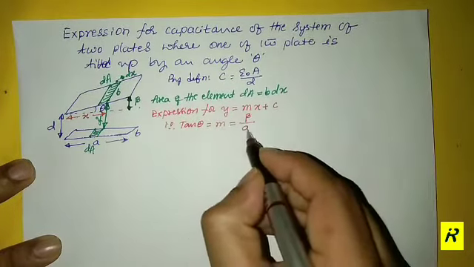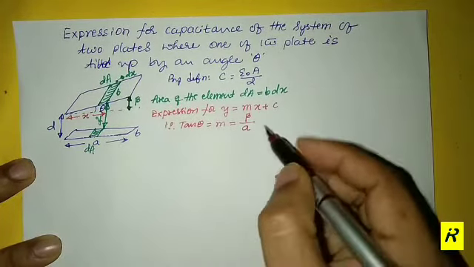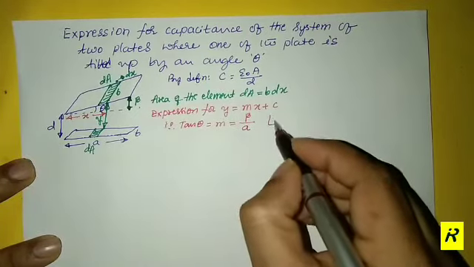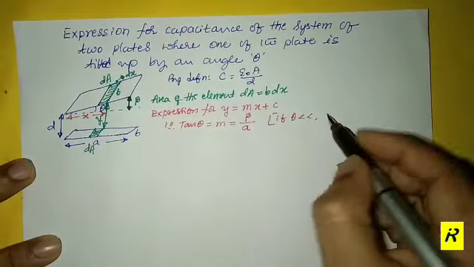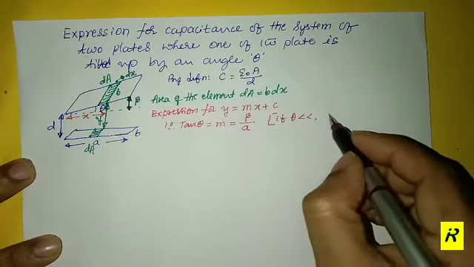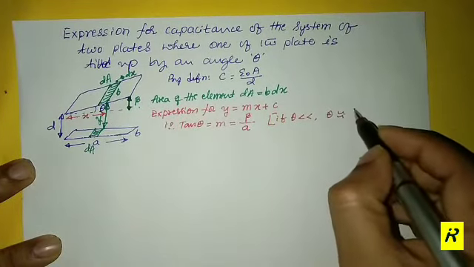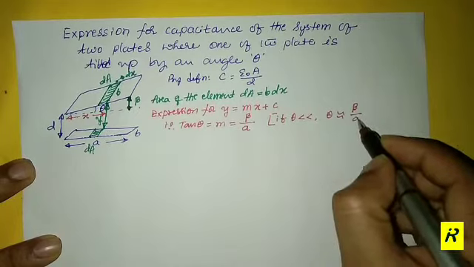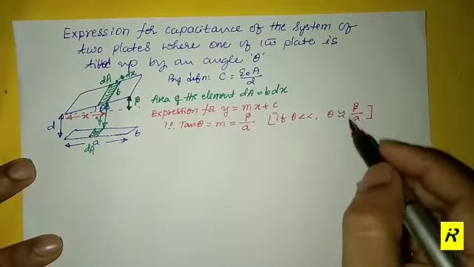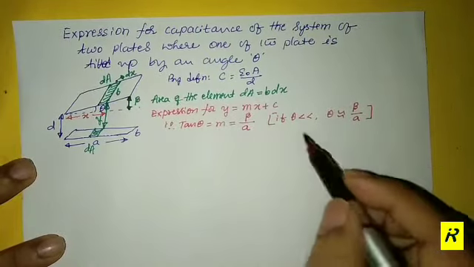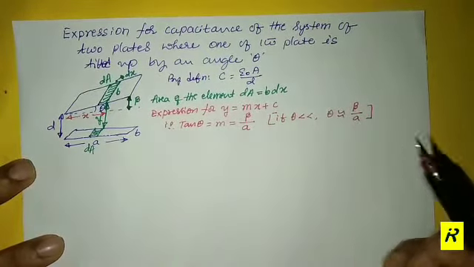So if theta is very small, I can simply say theta is approximately equal to beta divided by A. Theta equals beta divided by A. I can make use of this later.